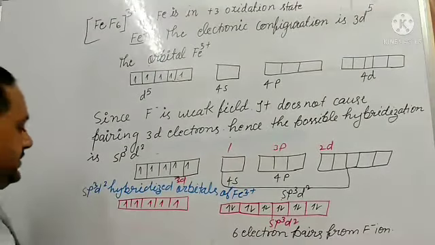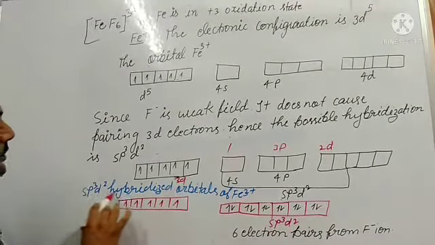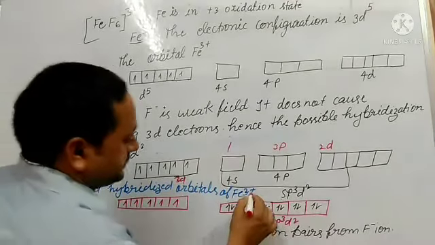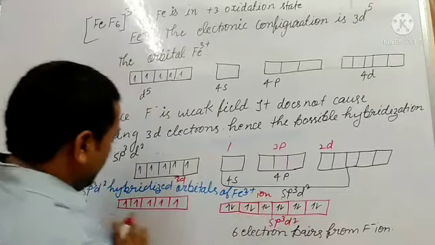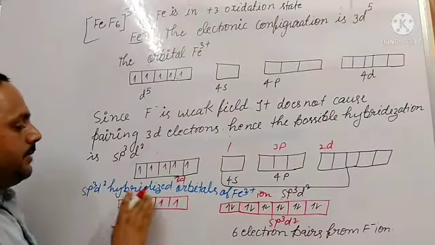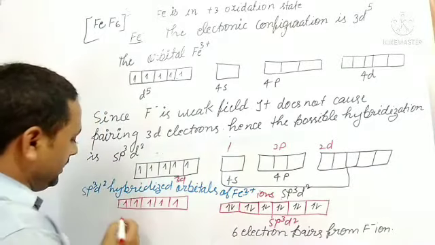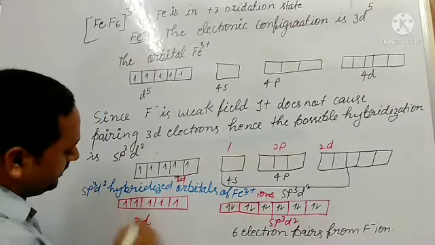Okay, and sp3d2 hybridized orbitals of Fe ions. Like this we can write. This is 3d, it did not involve in hybridization.